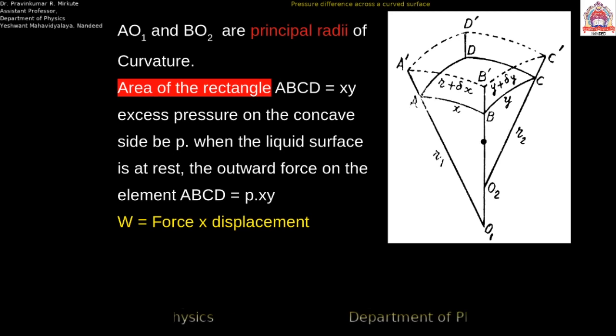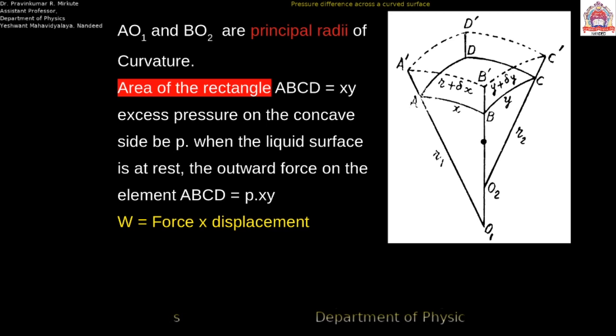Suppose the surface is expanded by giving it a very small normal displacement delta z, so that A goes to A dash, B to B dash, C to C dash and D to D dash, and it occupies the new position A dash, B dash, C dash, D dash. Work is done by the excess pressure P.